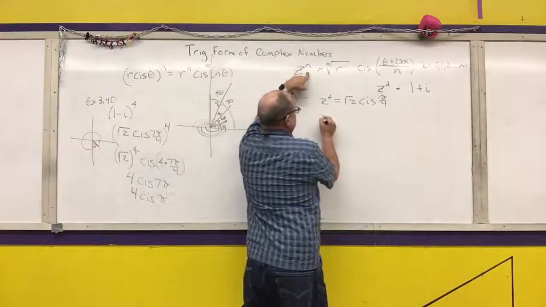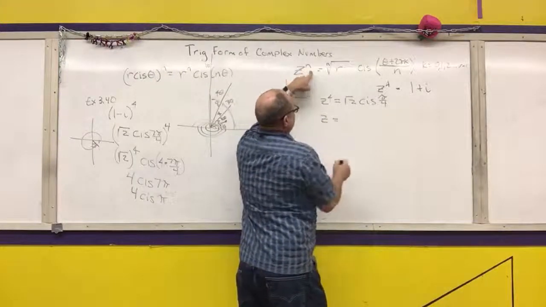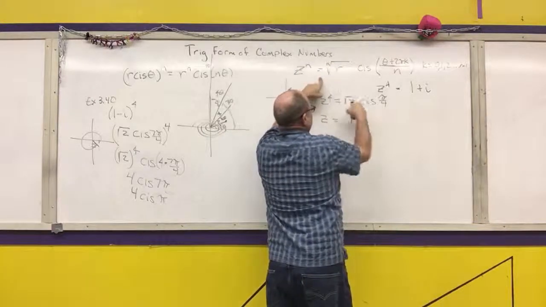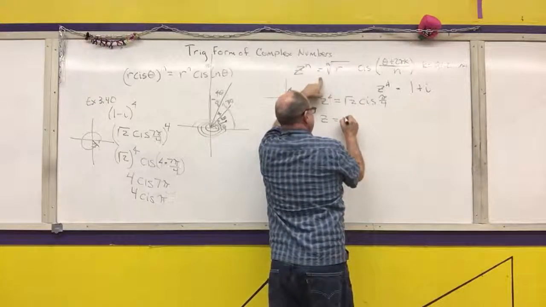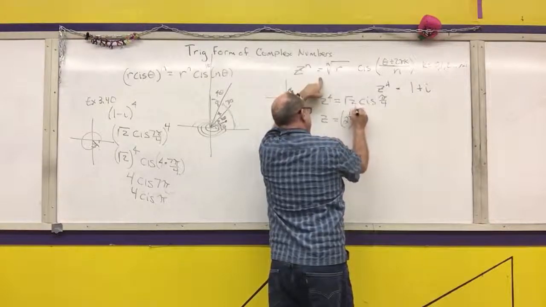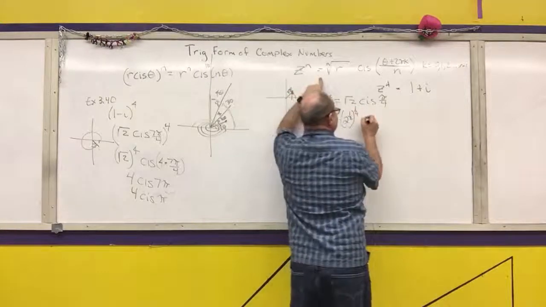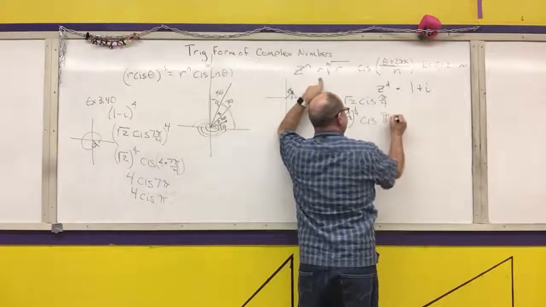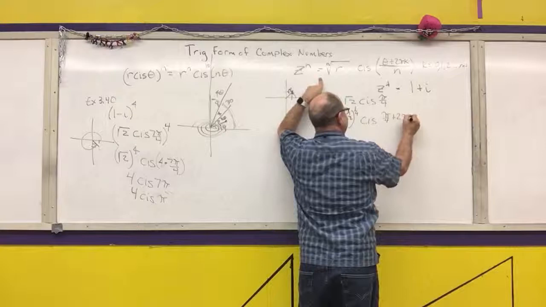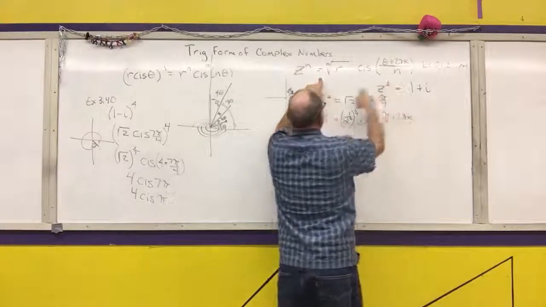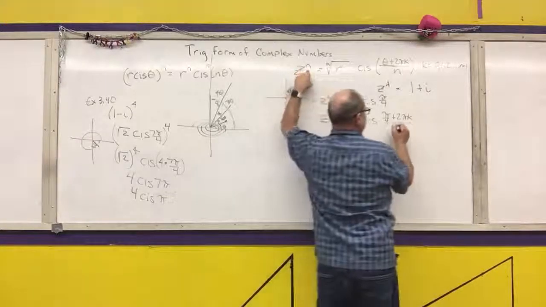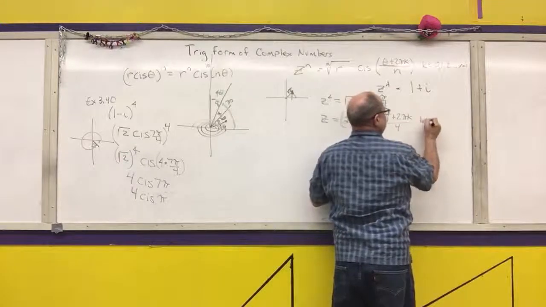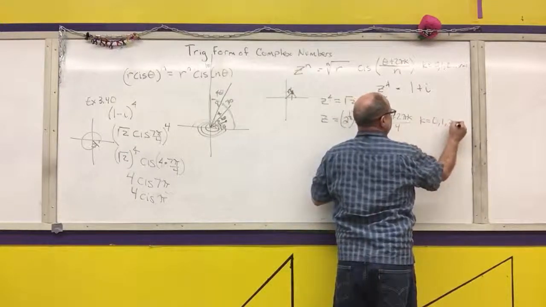That's going to give me z is equal to the 4th root of the square root of 2. So this would be 2 to the 1/2 to the 1/4, cis pi fourths plus 2 pi k over n, in this case n is 4, where k is this time 0, 1, 2, and 3.